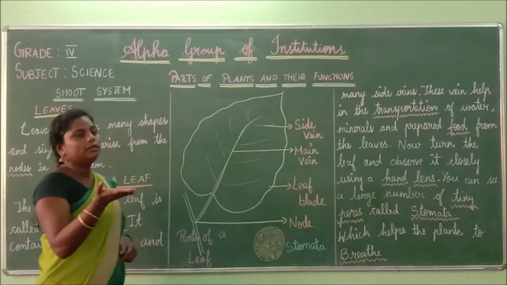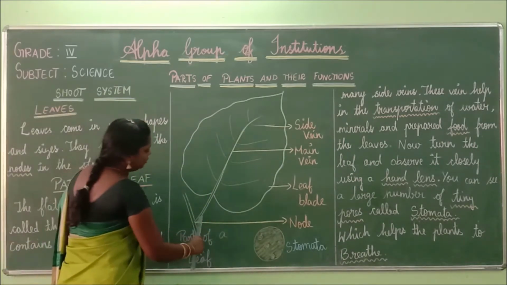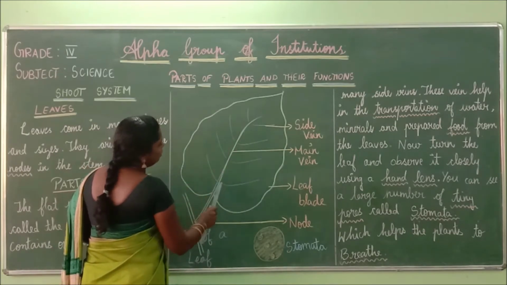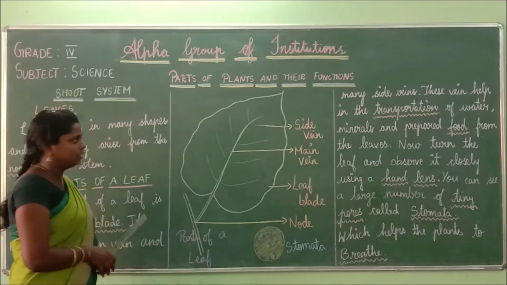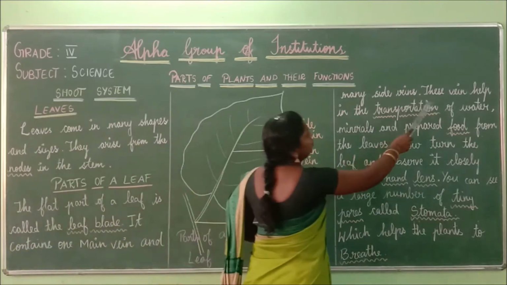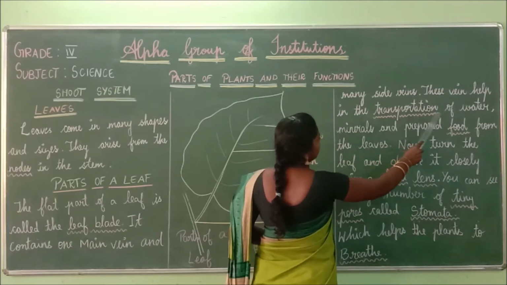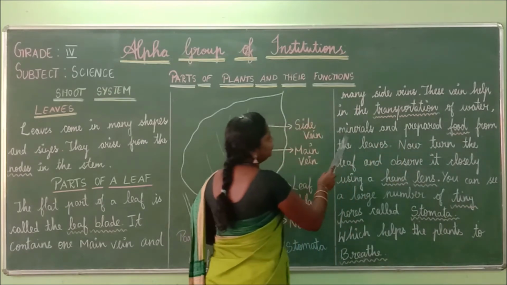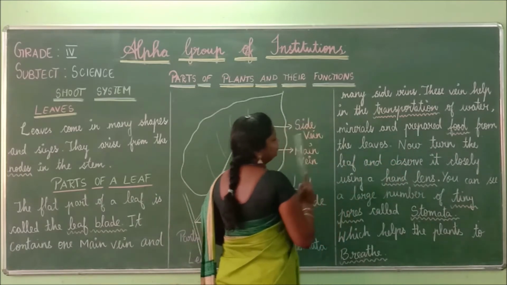So this front part, which is called the leaf blade, contains one main vein with many side veins. Is it clear? Now these veins help in the transportation of water, minerals and prepared food in the leaves.